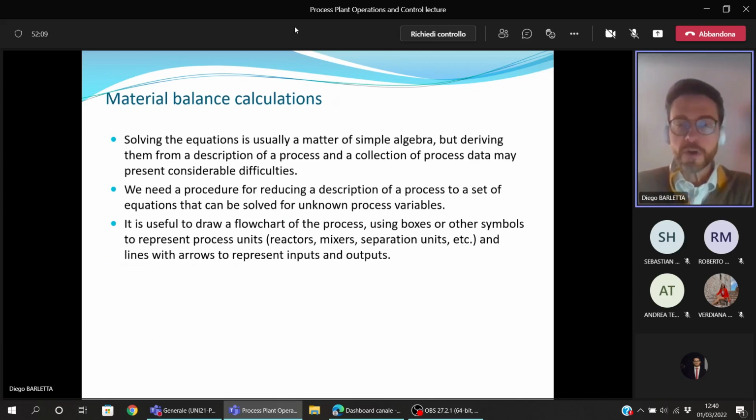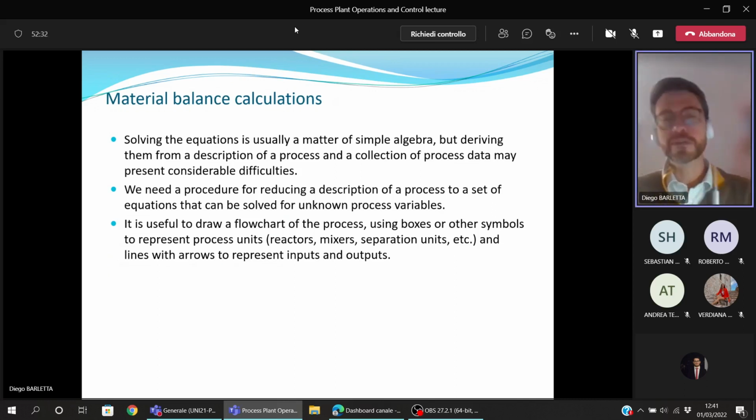So as we've seen, the solution is just a matter of simple algebra. So we have algebraic equations for this case, for the differential balance. So we don't have any differential equation in the end.